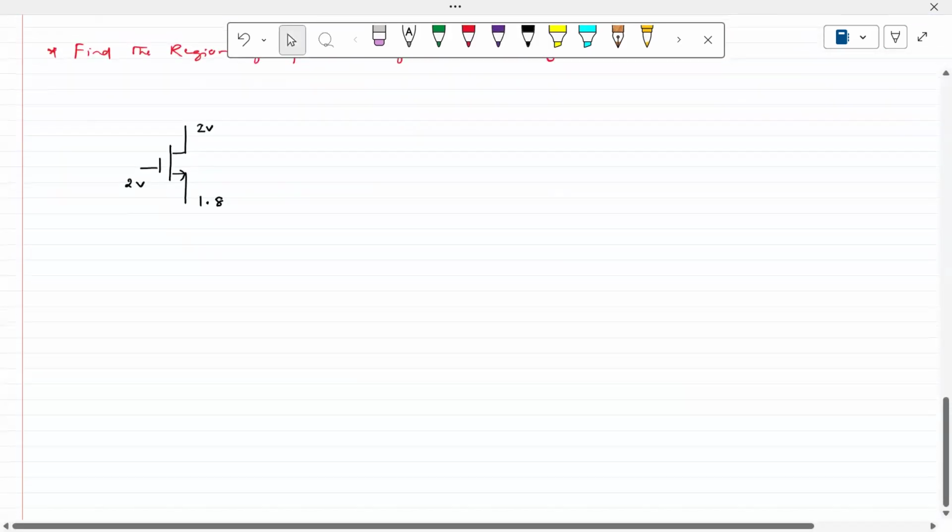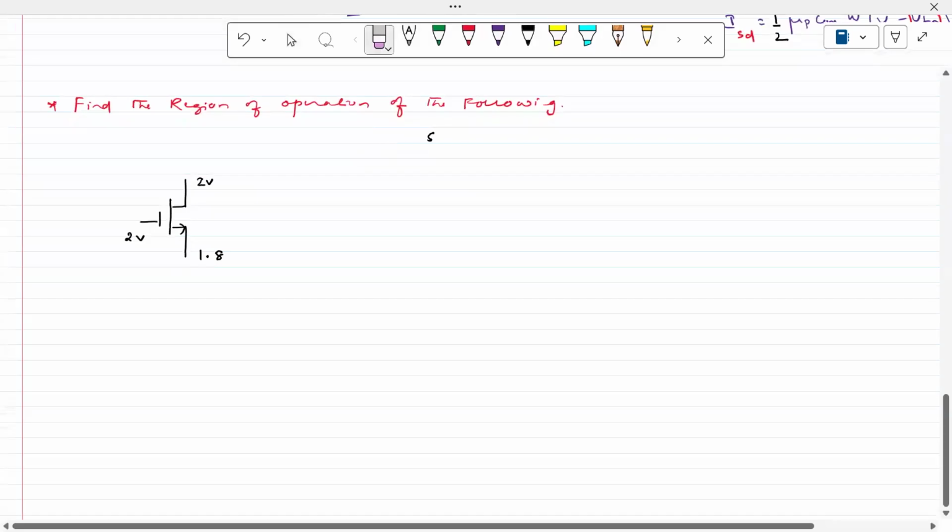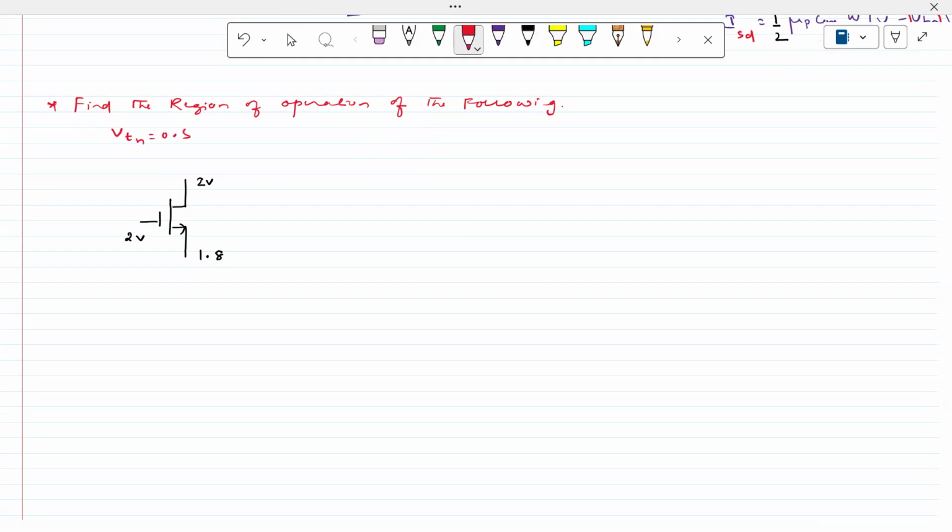Assuming that the threshold voltage of the NMOS transistor VTN is 0.5, and the threshold voltage of the PMOS transistor VTP is equal to minus 0.5. Now let me know what is the region of operation of this transistor.